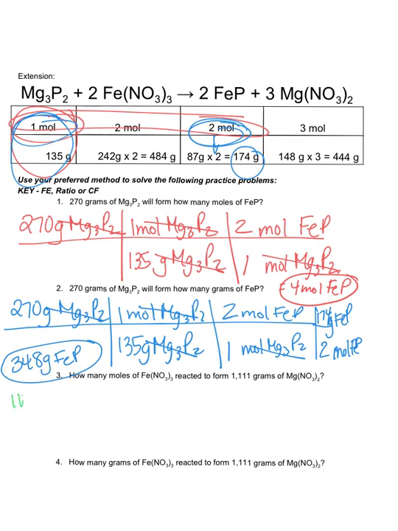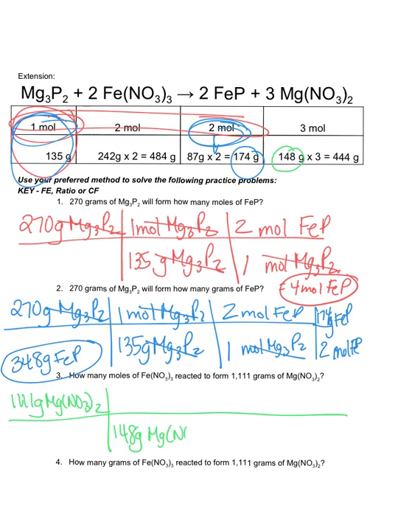Next one says 1,111 grams of MgNO3. And so I find the molar mass of MgNO3, or I can look up here, we found it's 148 grams of MgNO3 for every 1 mole of MgNO3.